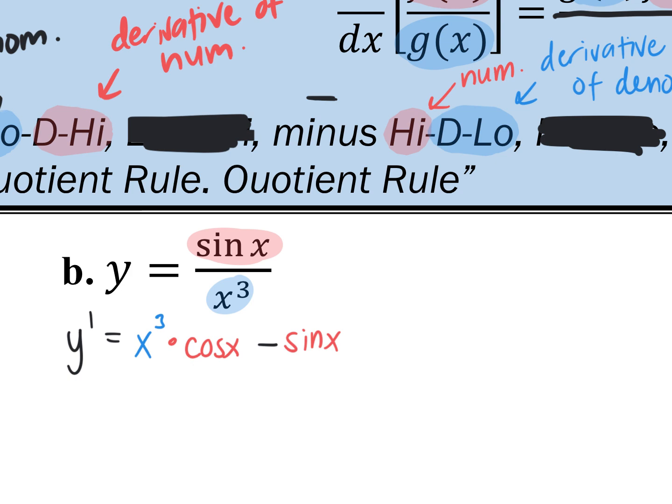What's the derivative of x cubed? 3x squared. And that whole thing is being divided by x cubed squared, or low squared. Okay?